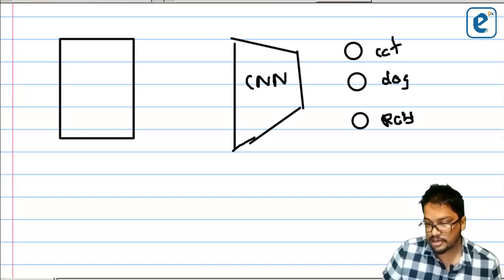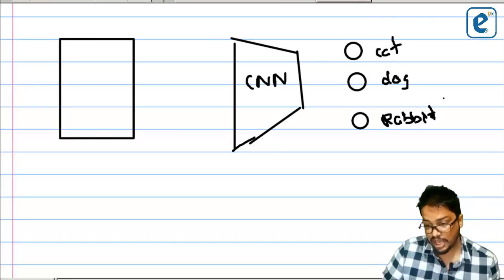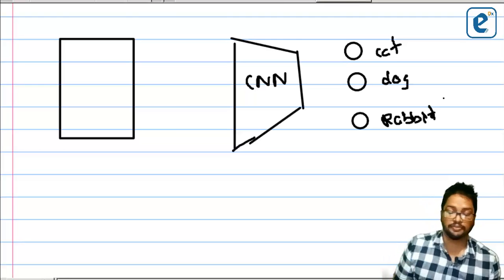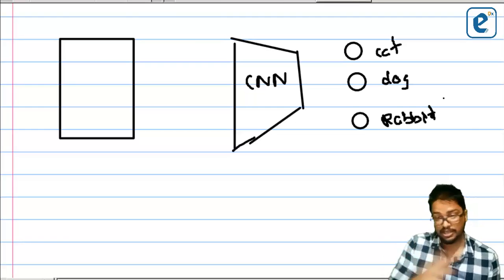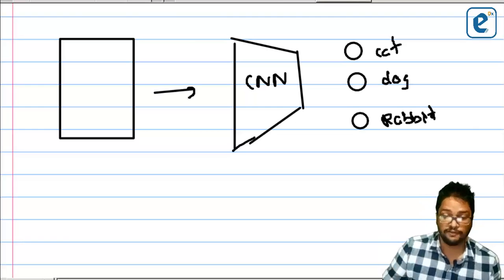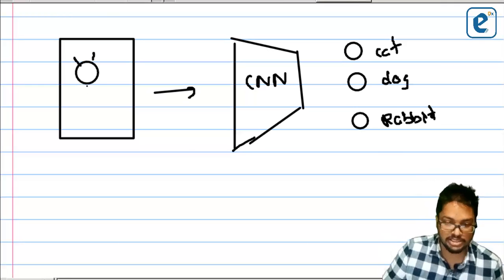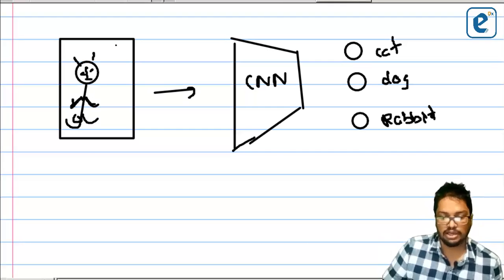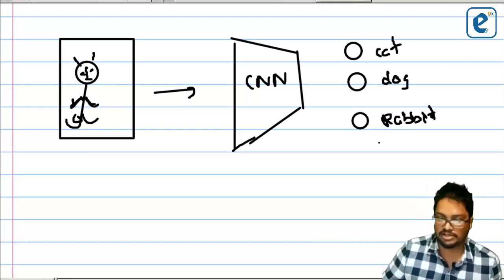So we have built a neural network which can identify, when an image is given, whether this image contains a cat, dog, or a rabbit, right? So we are going to input some image, and this is going to predict whether it is a cat, dog, or rabbit.